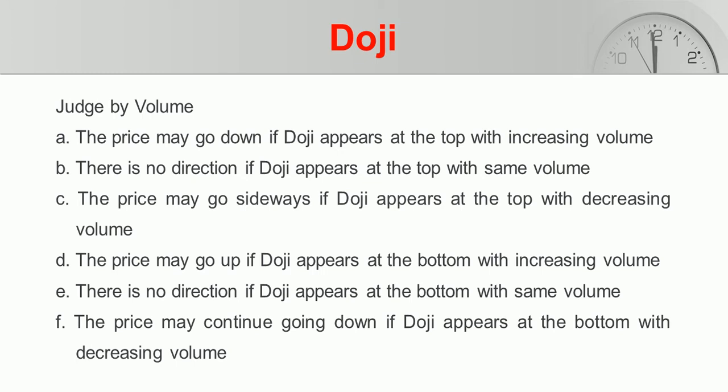The last one, the price may continue to go down if Doji appears with decreasing volume. If the trend is a downtrend, a Doji candlestick appears, but the volume decreases, you should know the price will continue to go down.